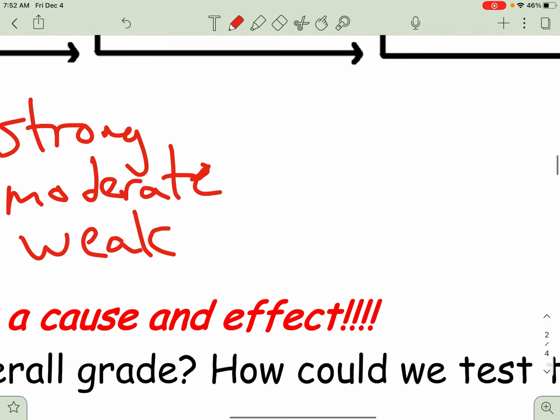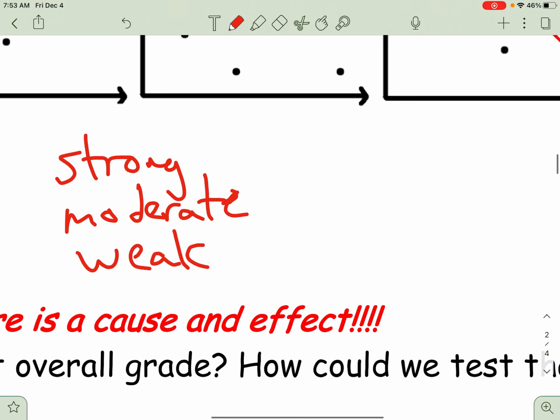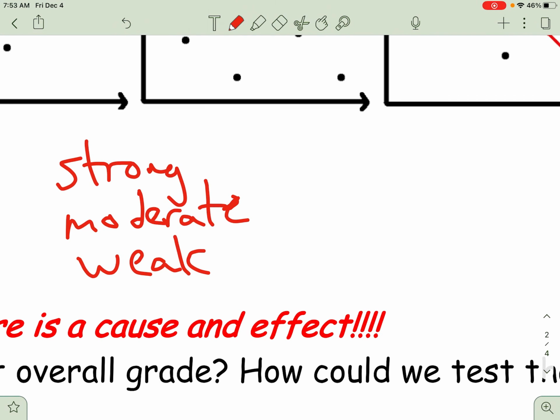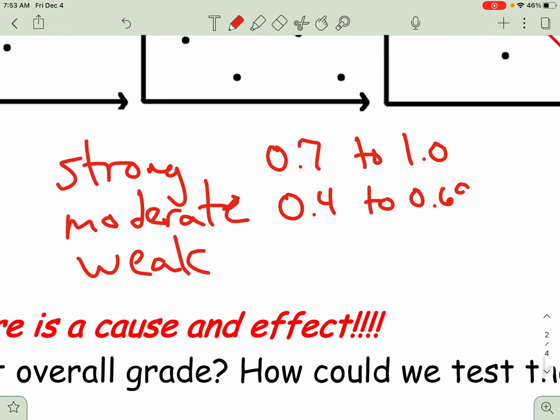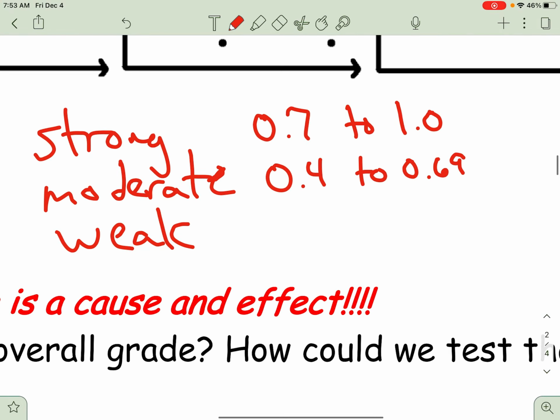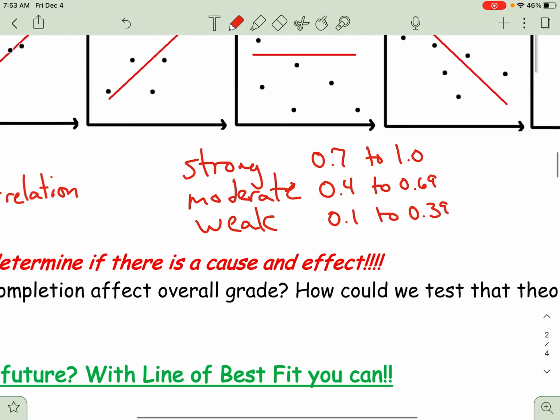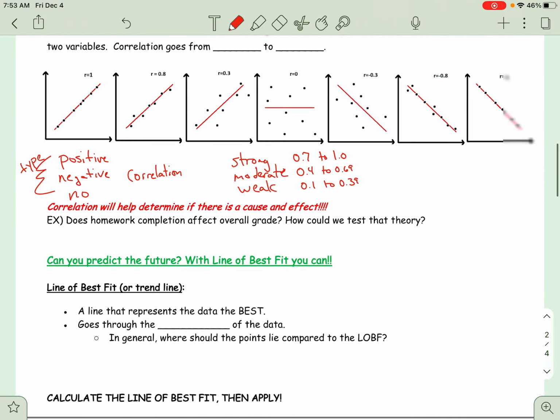What we say is that strong is like 0.7 to 1, moderate is like 0.4 to 0.69, and weak is like 0.1 to 0.39, okay?